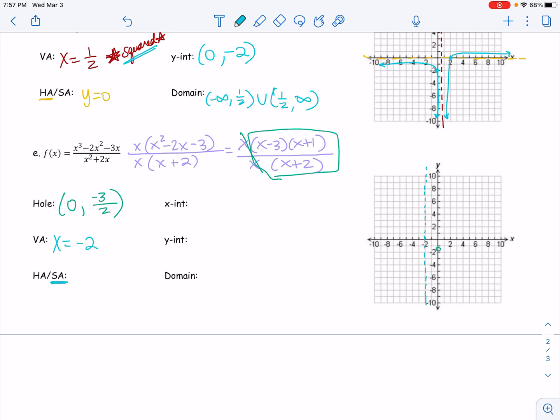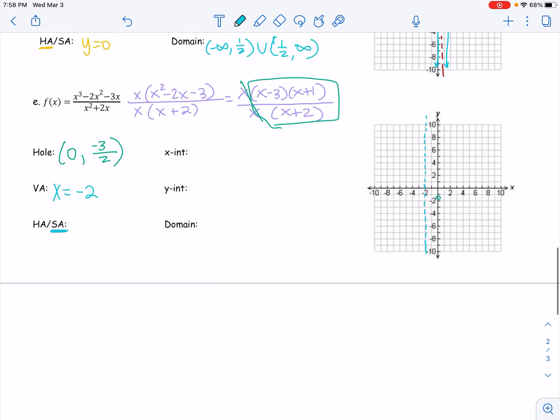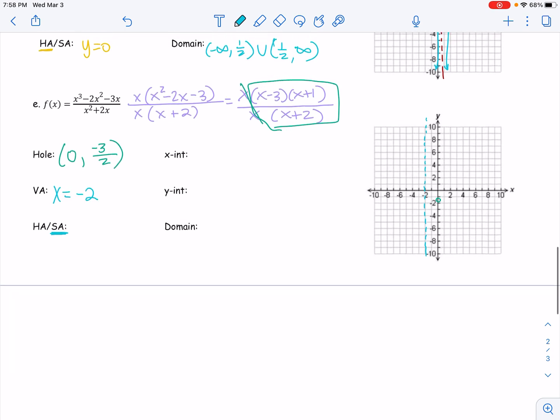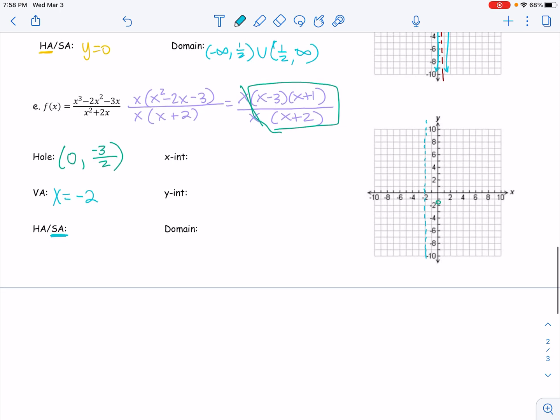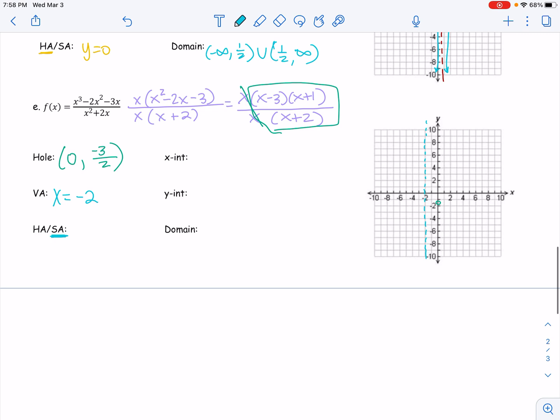So to find that slant asymptote, I need to do the division problem. For this one, let's see, we're going to do an experiment real quick. Let's look at the original problem and see if we get the same thing if we use the remaining. Hopefully you know the answer because of what I stressed to you earlier.